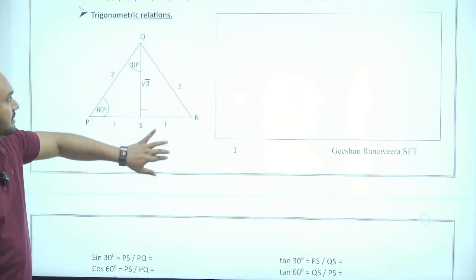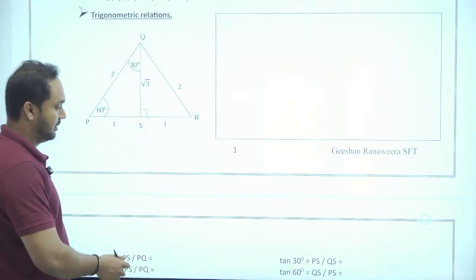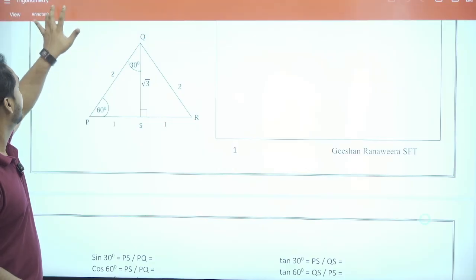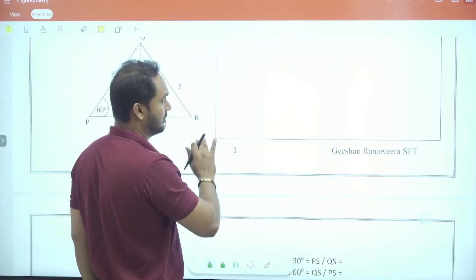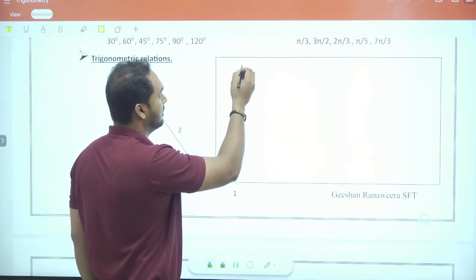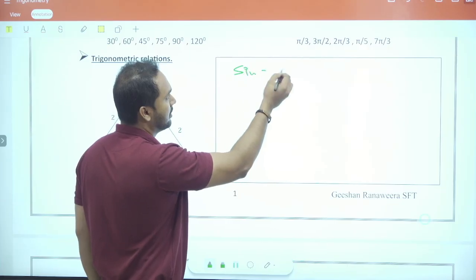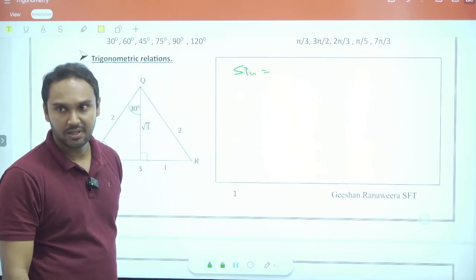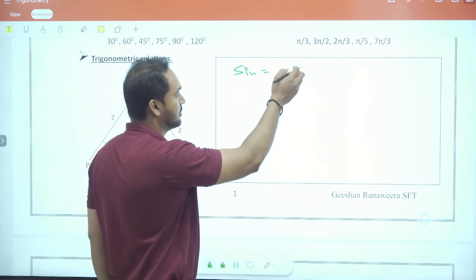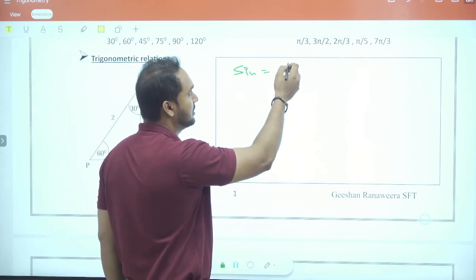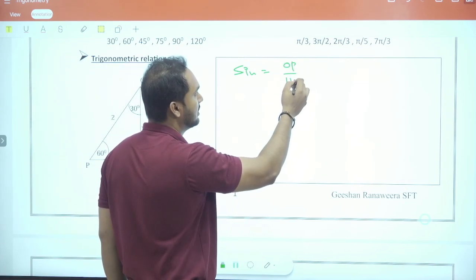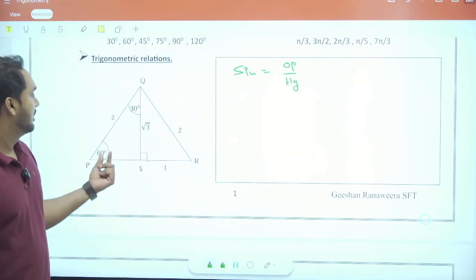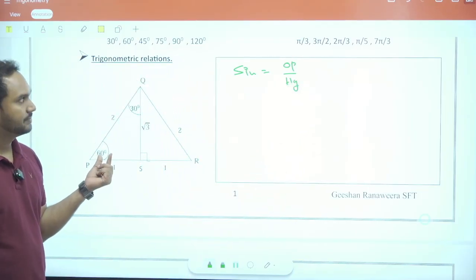Right, so we discussed these SOHCAHTOA values here. The first value was sine. Sine is opposite over hypotenuse, SOH. So we took the 60 degree values of sine.